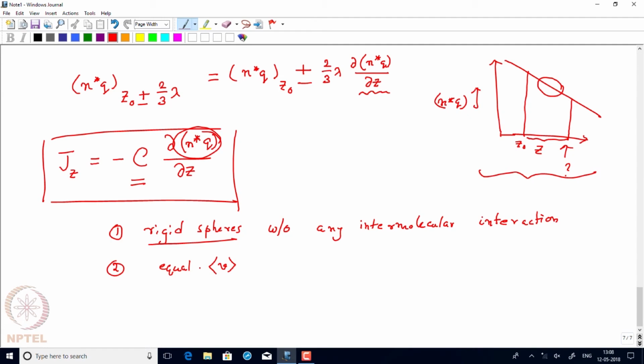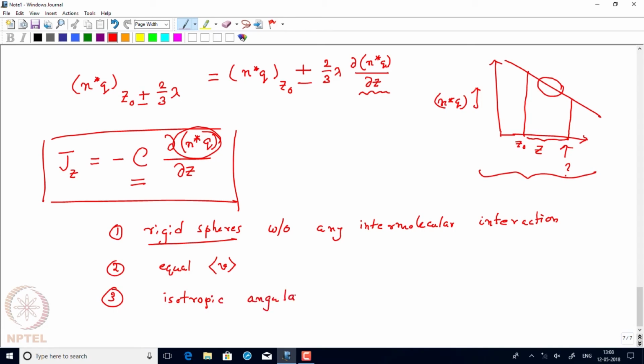you can think that the mean free path will be very different for each molecule. And we took the average, and then we took a mean free path, and then we took the average. So it's not a very rigorous derivation in that sense. And number three is we also assumed that it is basically isotropic in nature, and there is no angular variation.